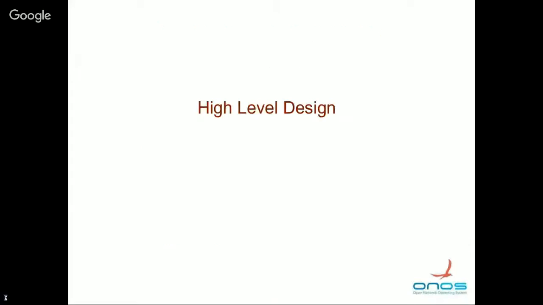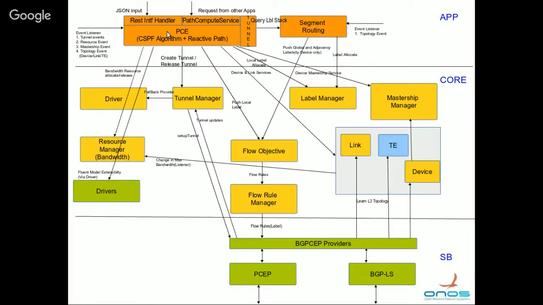Now we want to develop this as part of Goldeneye. This is my overall design, the initial design which I thought about. I'll be explaining each of these, why we need interaction with multiple core subsystems, and the use of the southbound and the apps which you are developing. The path computation is one of the apps we want to put in.